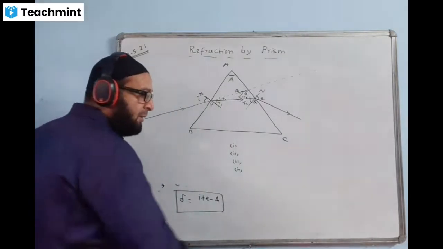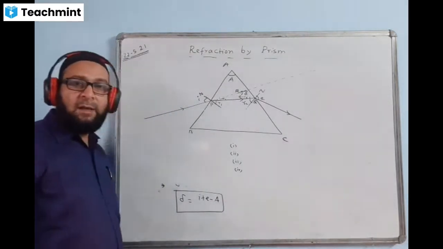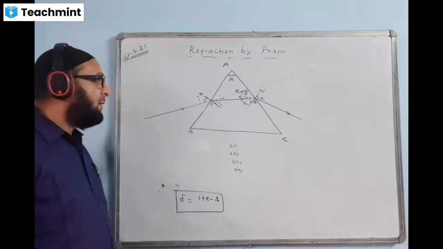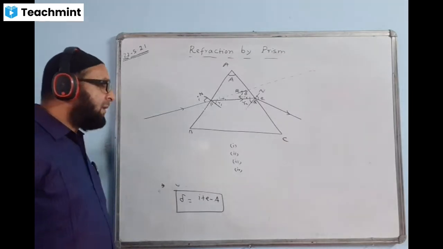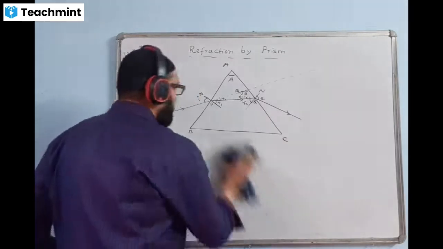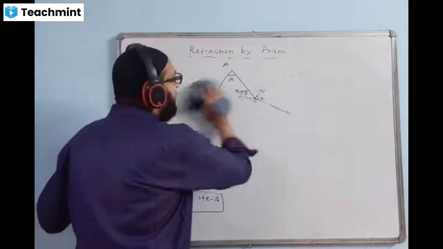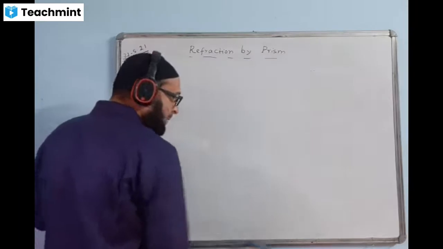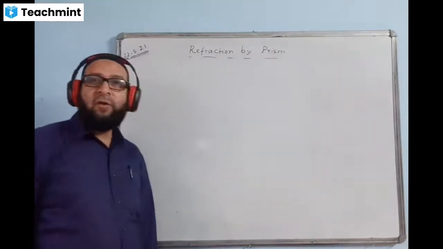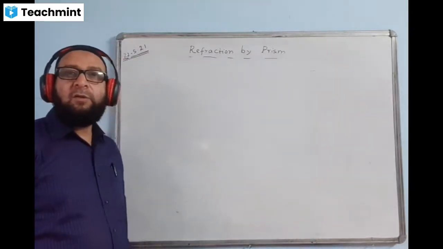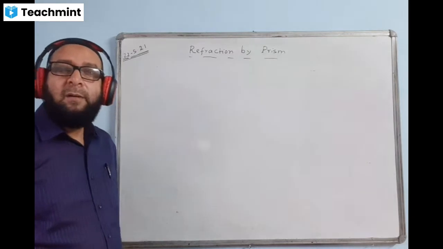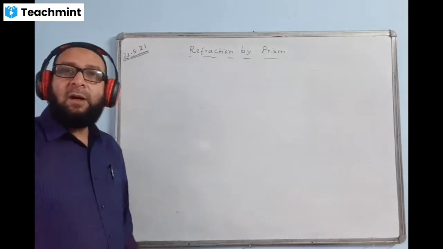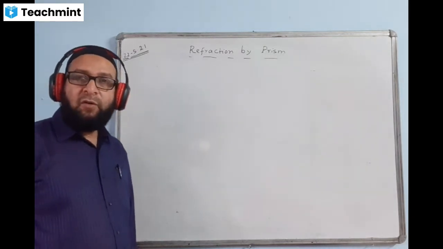Now write down below it: delta varies with I according to the following graph.